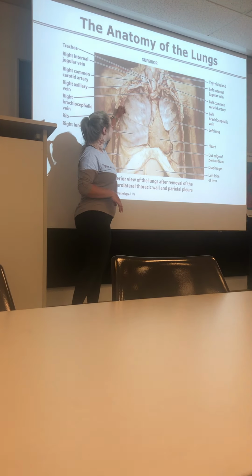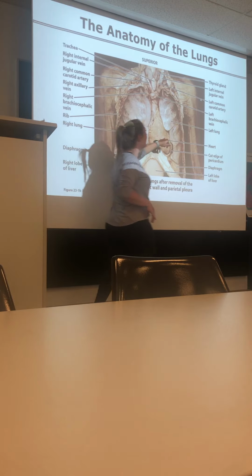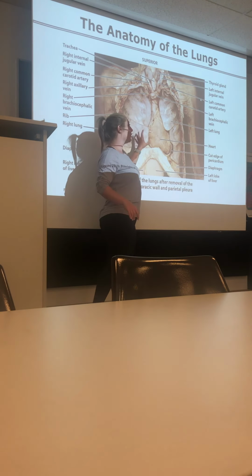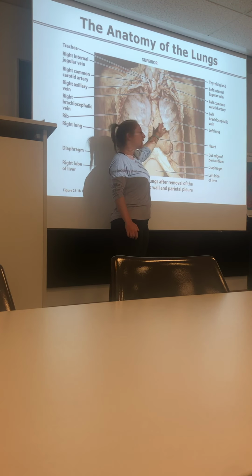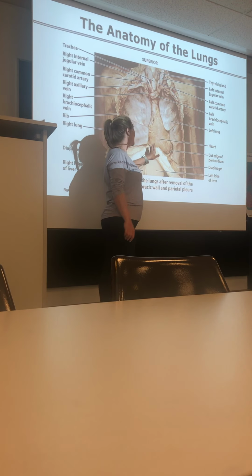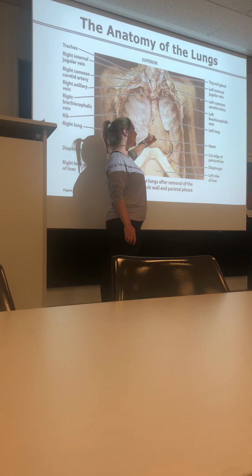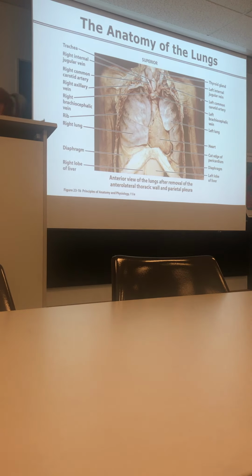But our oblique fissure would be coming down like this, and then this is probably the horizontal, and then this is the oblique fissure of the left lung. And our heart really dives into that left lung. So you have this huge cardiac notch of the left lung located kind of on the medial surface. And then it still does touch the right lung, so right here would be the cardiac impression of the right lung. That's why I just pointed it out in case you guys look at something.